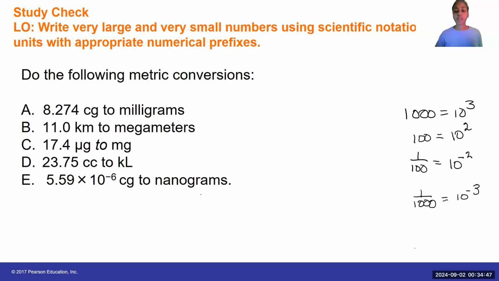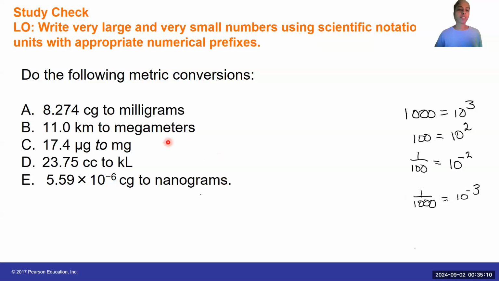And 1/1000th is equal to 10 to the minus 3. So if you have not committed these powers of 10 to your memory, in addition to memorizing the names of these numerical values, please review how to get from a power of 10 to its fraction.